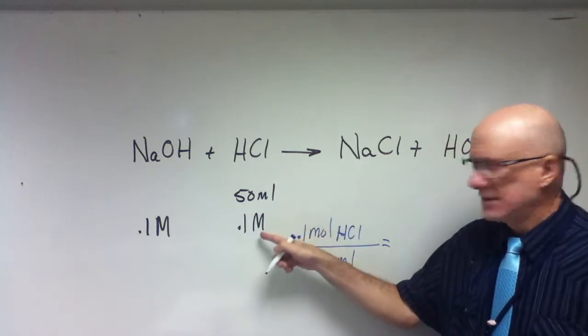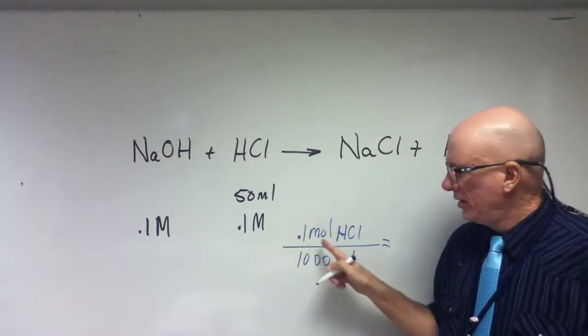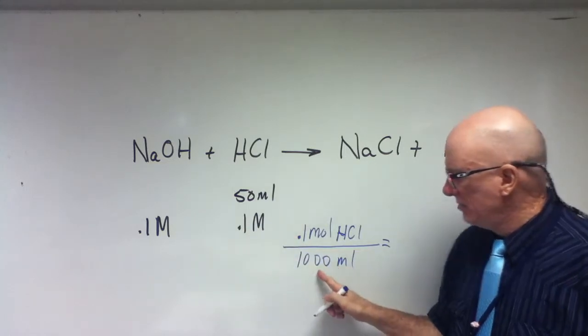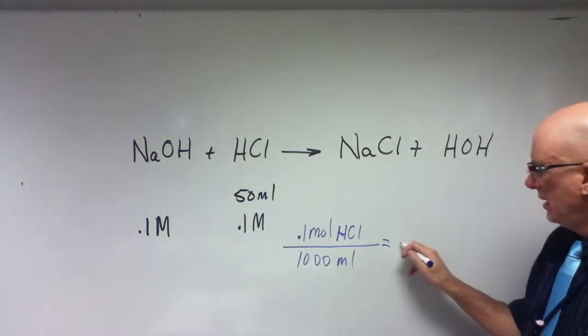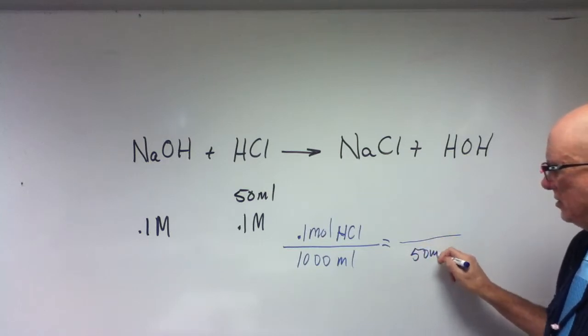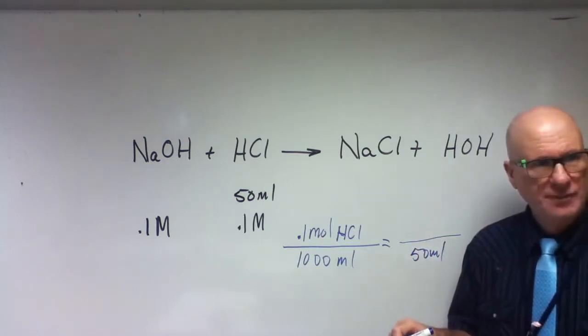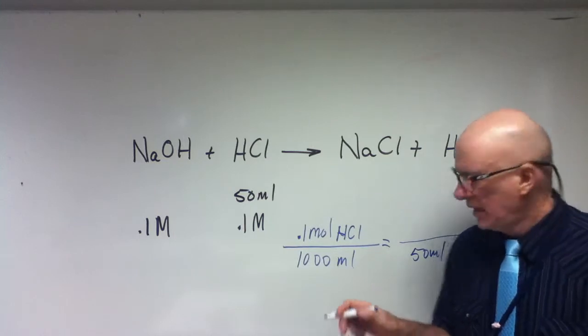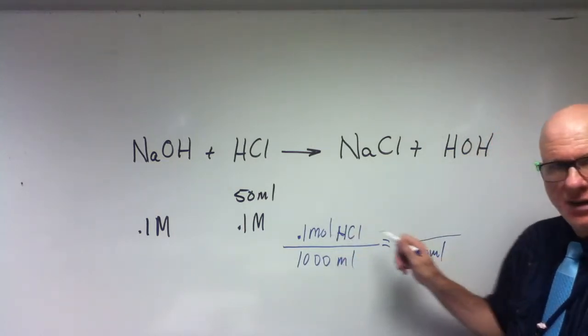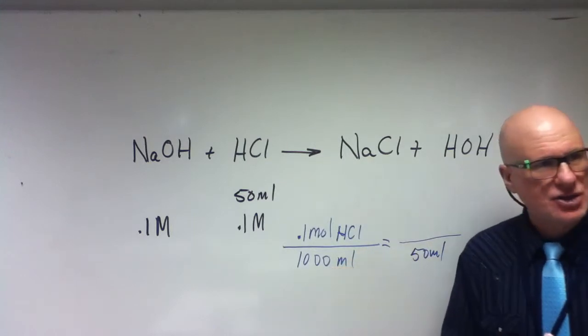Don't I know that? Because that's what I'm using. For every 0.1 mole, I have 1,000 milliliters, and vice versa. And then I want to say, well, how many is in 50 milliliters? Right? So 0.1 times 50 divided by 1,000 is what?